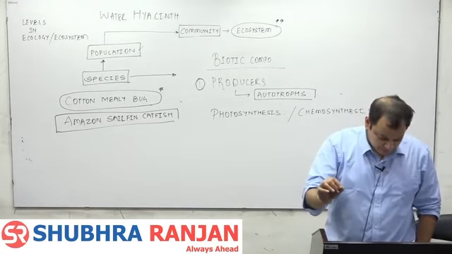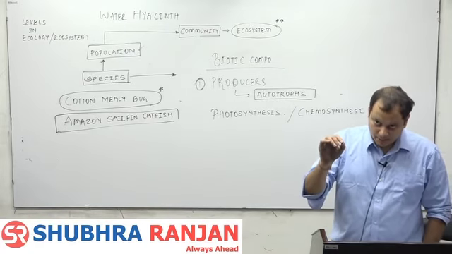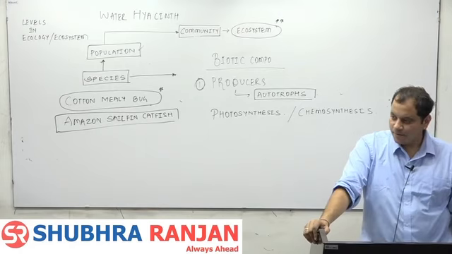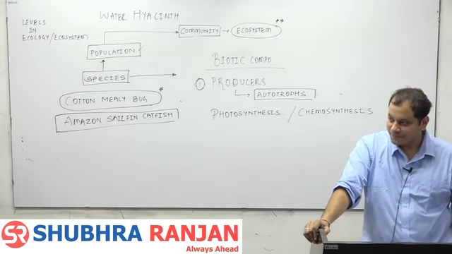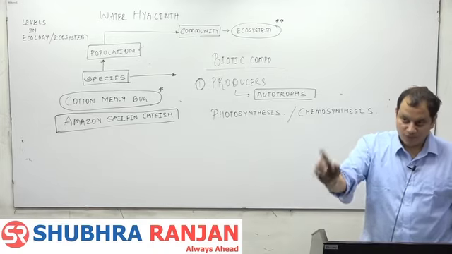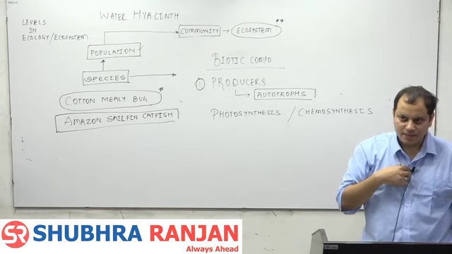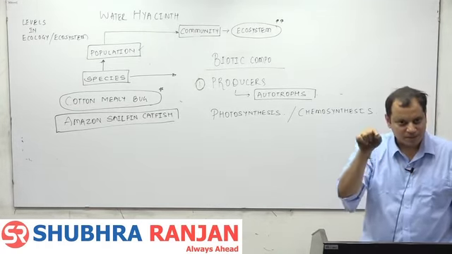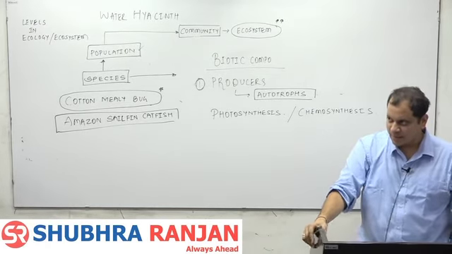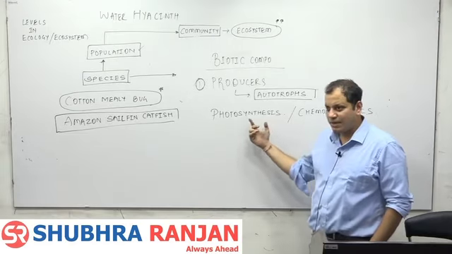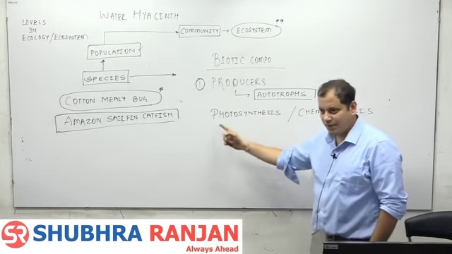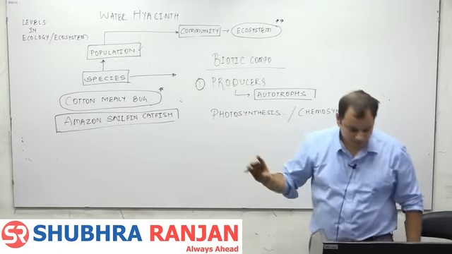Can someone tell me what is the difference between photosynthesis and chemosynthesis? Photosynthesis on the land, can I say generally? And chemosynthesis in deep waters, where sunlight does not reach? Yes. When a chemical reaction occurs in the absence of light, chemosynthesis. In the presence of light, photosynthesis.